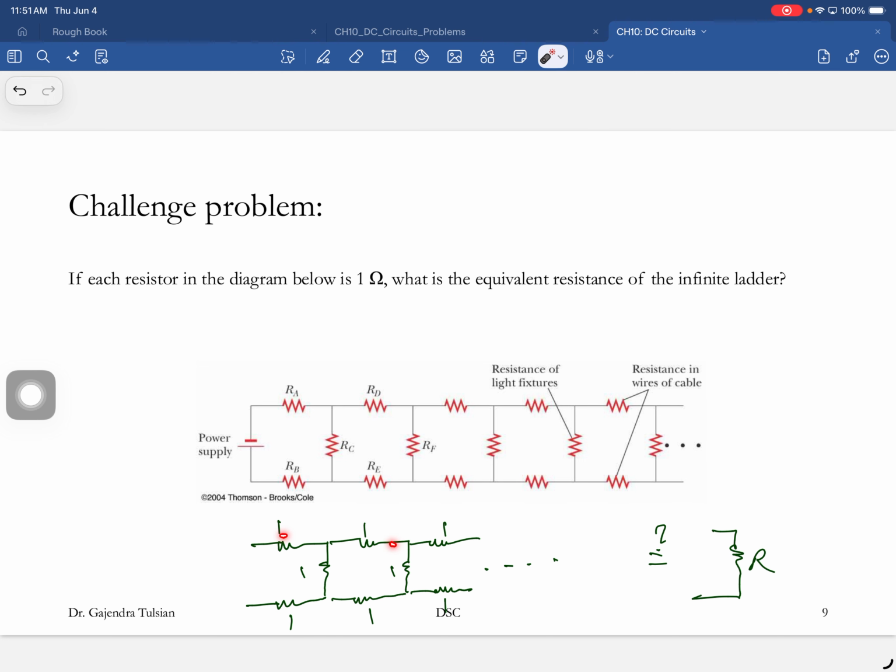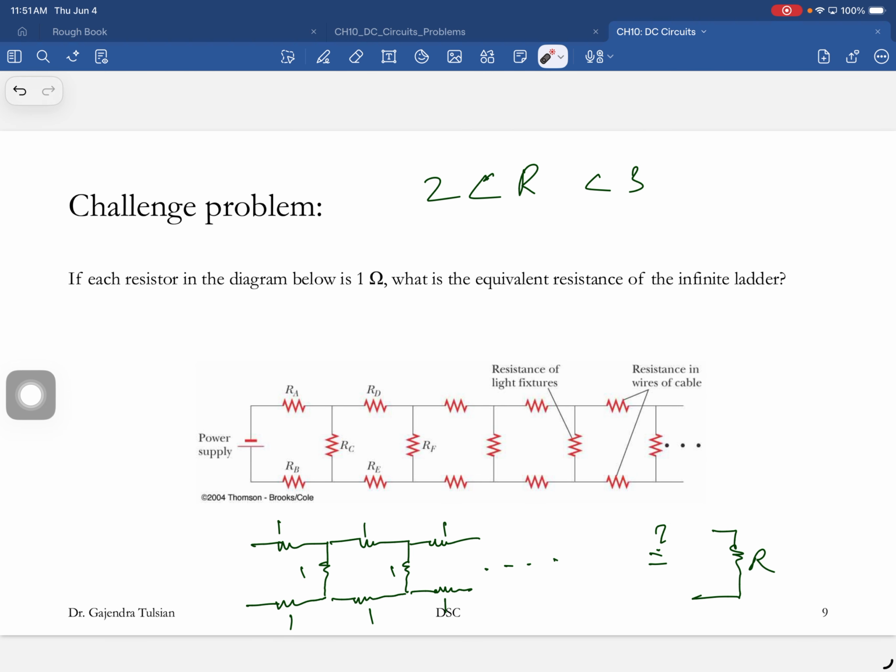Here's an infinite ladder of 1 ohm resistors. You find the value of this resistance and I'll give you $1. I'll give you a clue. It's between 2 and 3 ohms.